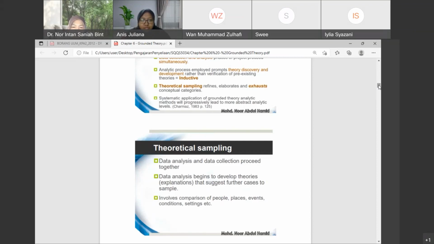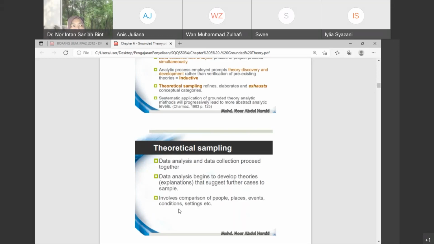Okay, so it can include analysis of the people, the behavior, why the people act like that, why like this, or the places, events, conditions, settings.